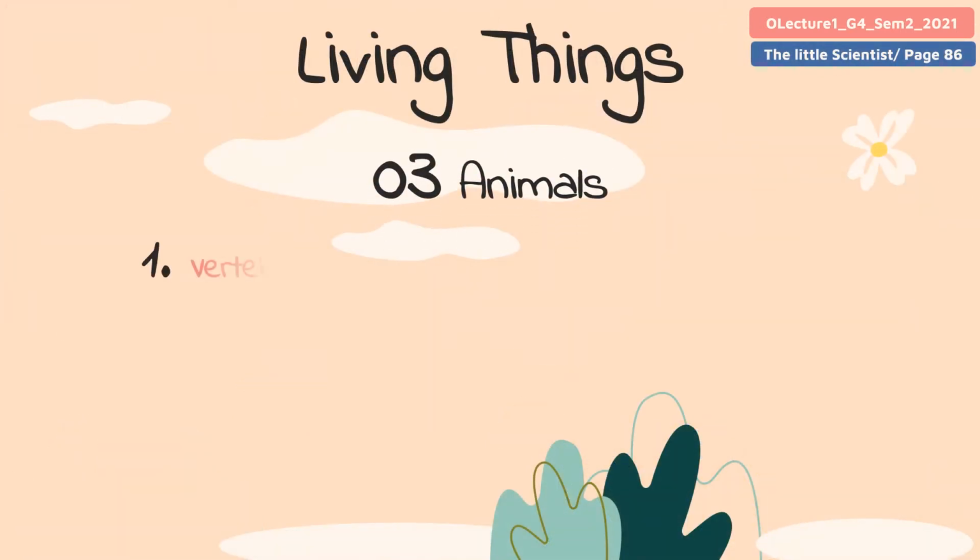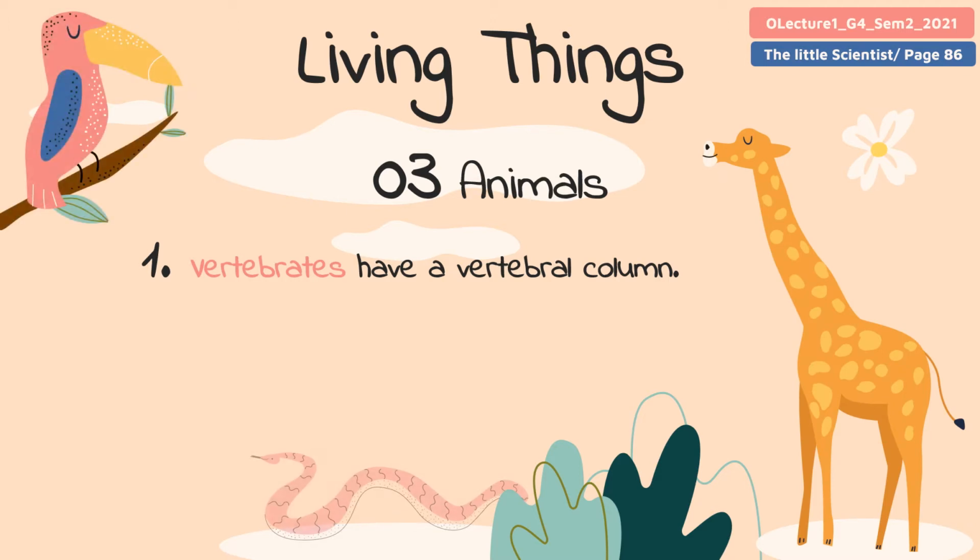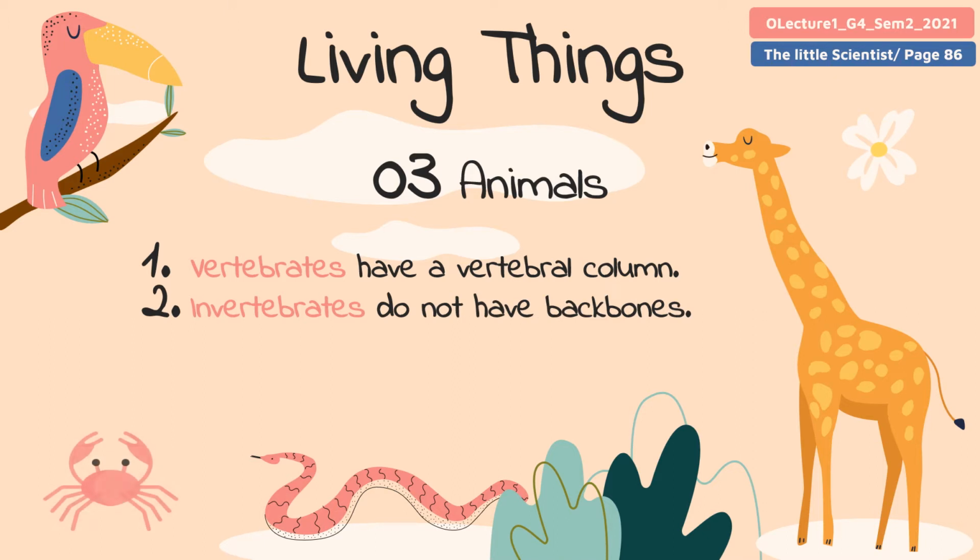Living things, such as animals, are classified into two large groups: vertebrates, like giraffes, birds, and snakes with a vertebral column, a spine, or a backbone, and invertebrates, like crabs, earthworms, and butterflies with no backbone.